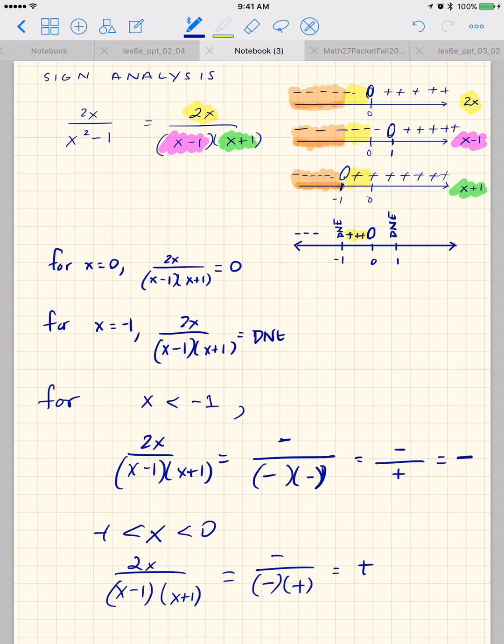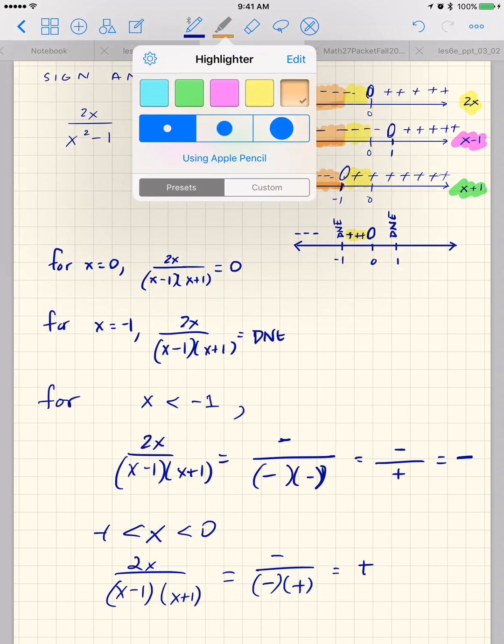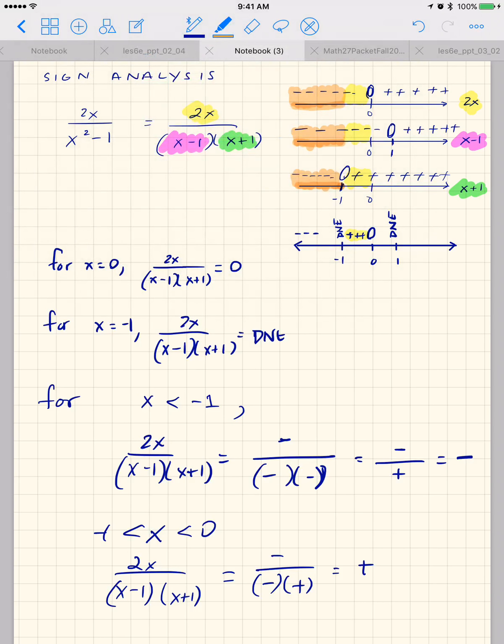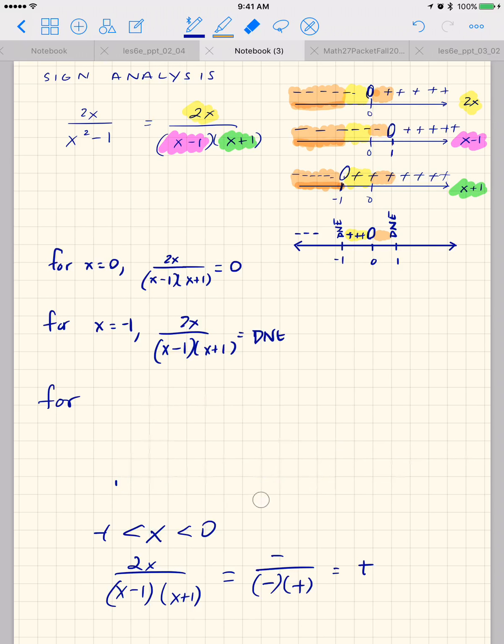Okay. Now my next interval of concern is from 0 to 1. So for 0 to 1, I'm going to have positive, and that's negative, and that's a positive. Let me erase this here so we can get some more space.